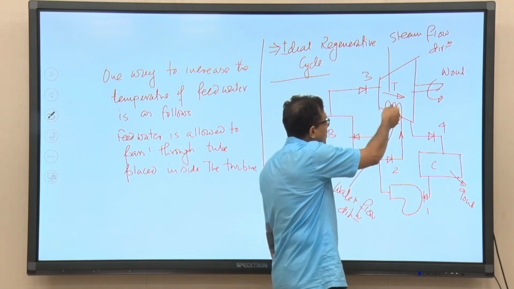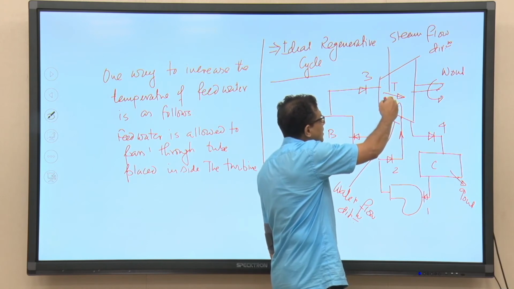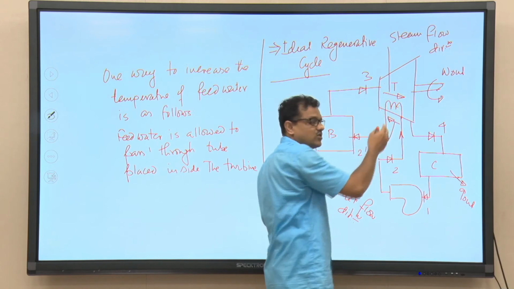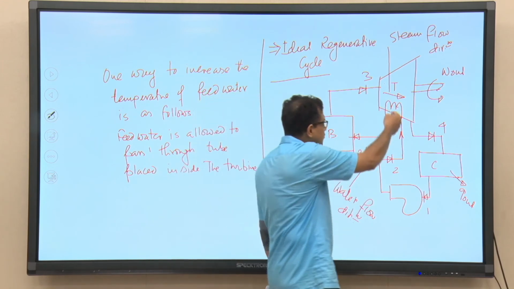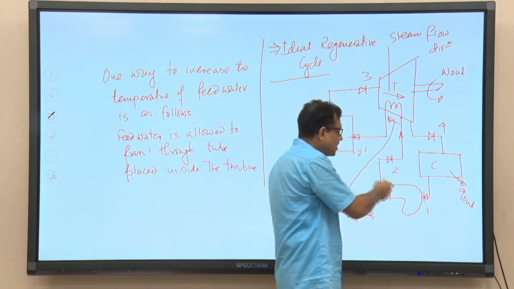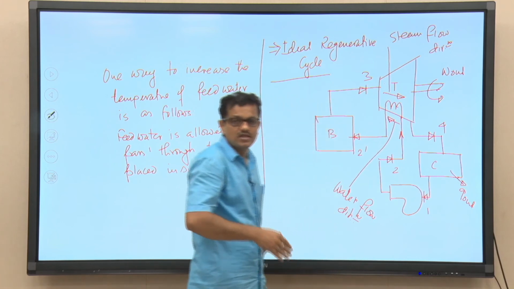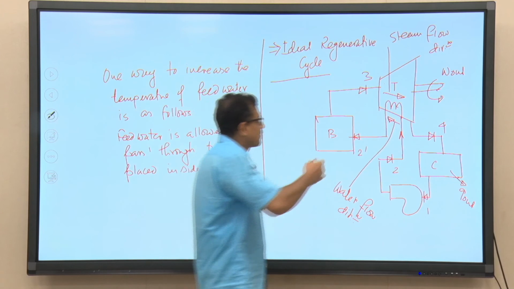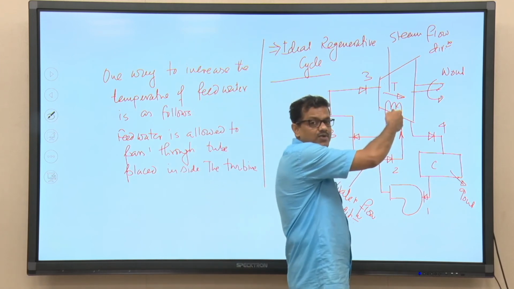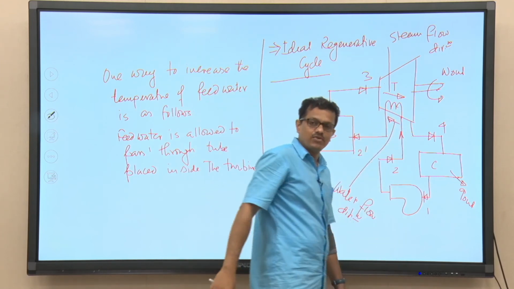After the steam does certain work, we can take a certain amount of steam from the turbine and allow that steam to be mixed with the water or condensate coming from the condenser. In that way we can also increase the temperature. Now, if we do it like this, perhaps the expected problem of turbine blade erosion can be avoided.